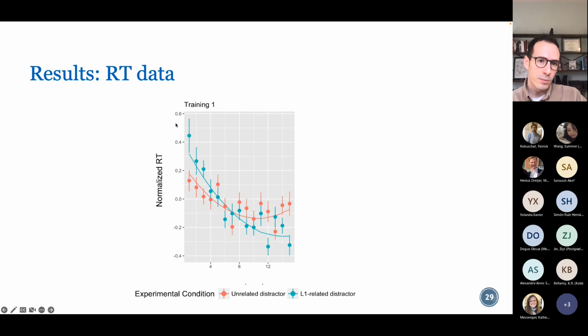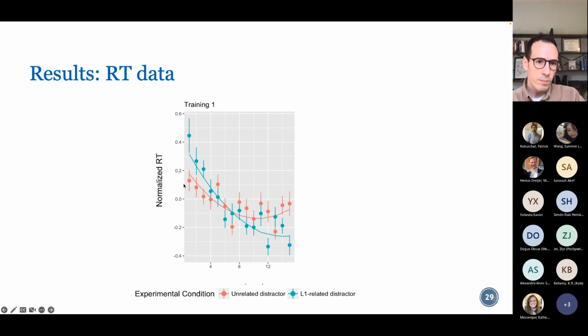And just as expected, what we see is at the beginning of training, they were significantly slower than the other group. But now, as training progressed, you can see how they actually became quite more efficient, such that by the end of the training session, which lasted about 20 minutes, they were significantly faster already than the baseline group.